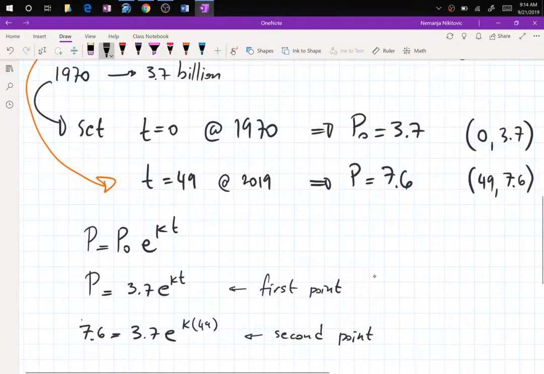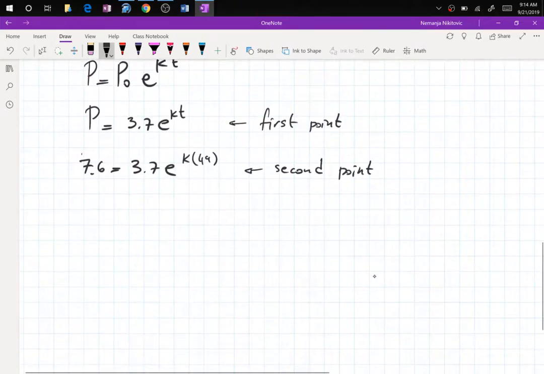And as you can see, everything is known in this second point other than the value k. So what is this value k for population? Well, in this terrible model, and we'll see why it's terrible, this k mushes all of the components of population in one constant.